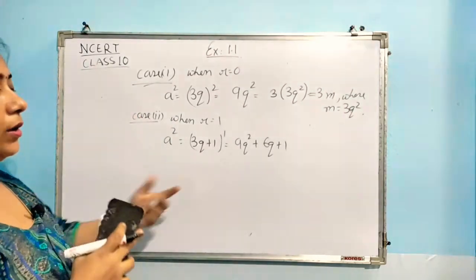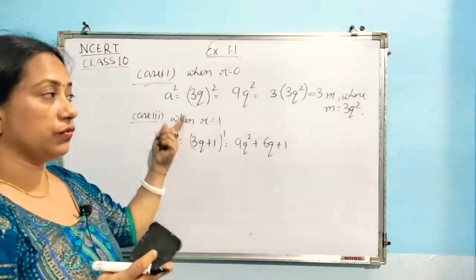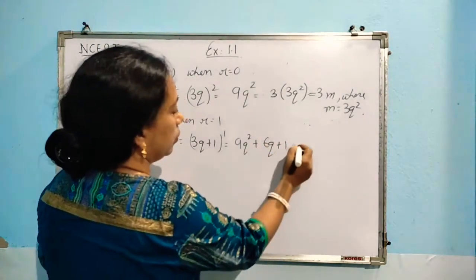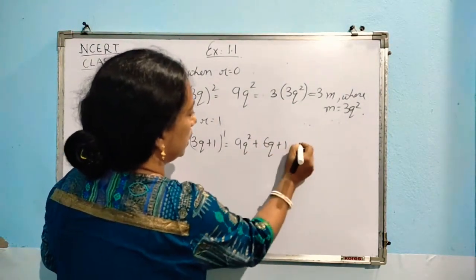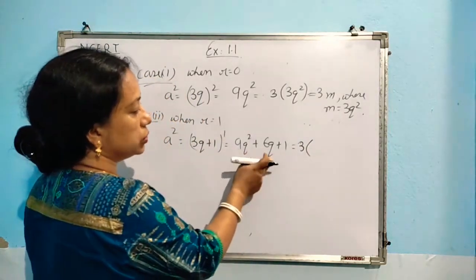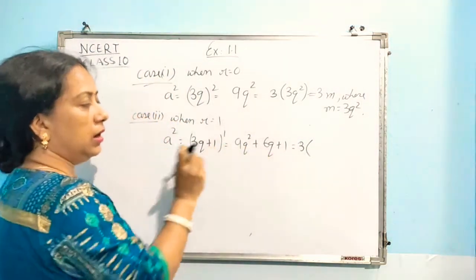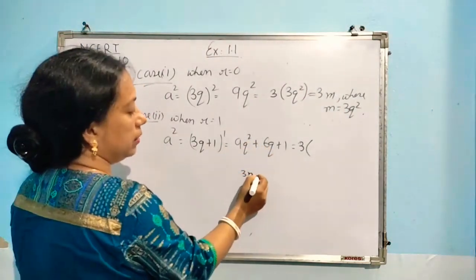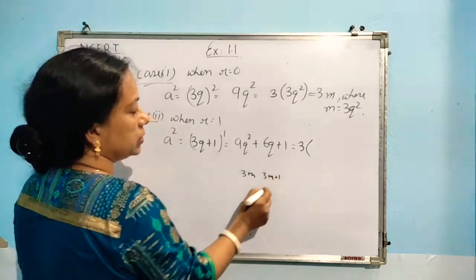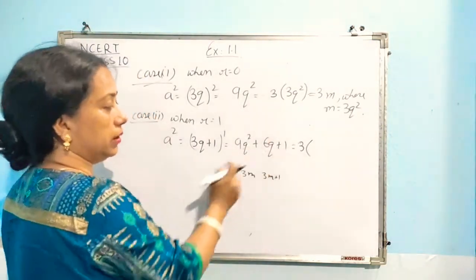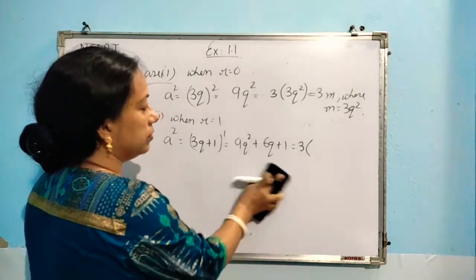Now here it is not in the form of 3m or 3m plus 1 yet. So what I am going to do is take 3 common from these two terms. You may say that q is also common, but since I am interested in showing this in the form 3m or 3m plus 1, I am not going to take anything other than 3 as common.